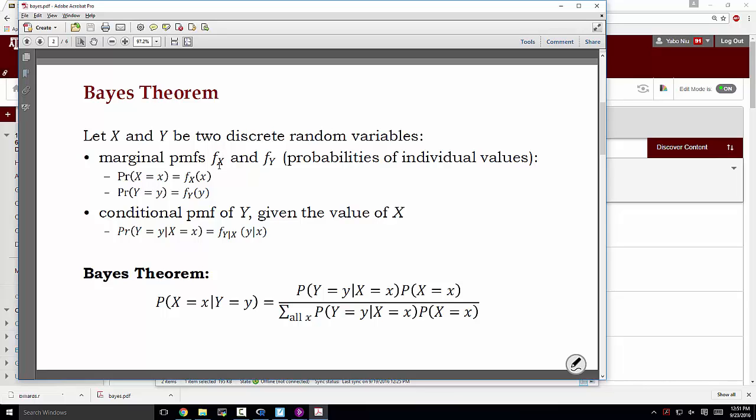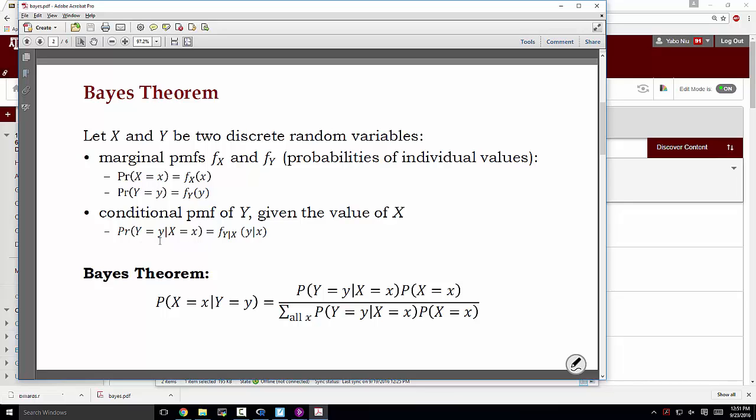For a discrete random variable, it's called a PMF. X and y have their own, what we could call marginal PMFs. Marginal in the sense that they only speak to those individual variables, not jointly or conditionally. But we can also define a conditional probability function. In the discrete case, again, it's a conditional PMF.